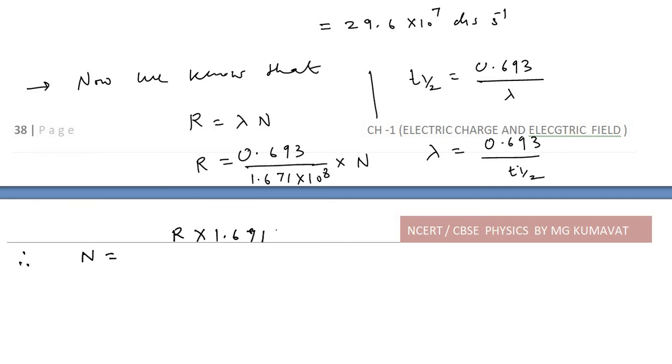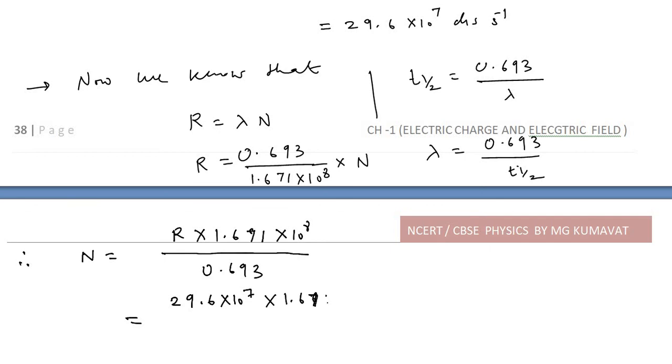So here the activity we already have. So now we make N the subject. So N is equal to R multiplied by 1.671 multiplied by 10 to the power 8 divided by 0.693. And what is the value of R?